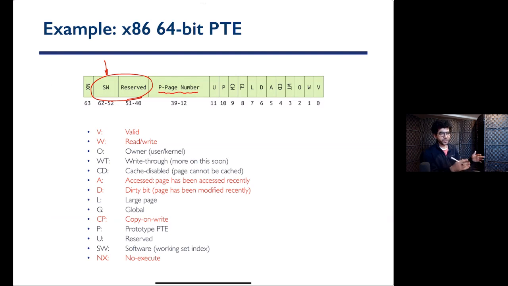Now, if you have moved this page to disk, definitely the operating system can store the tracking information inside its own data structures. Remember, this PTE is in hardware, right? But you could also use the PTE to store that data. So you could potentially use these bits to have some information about where you put the page. So this is extra hardware available to you to do the translation.